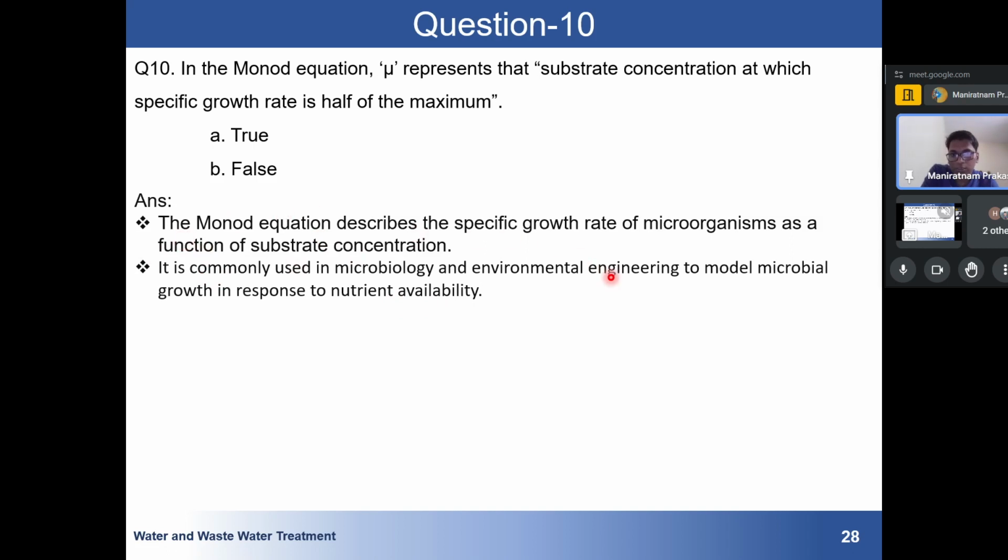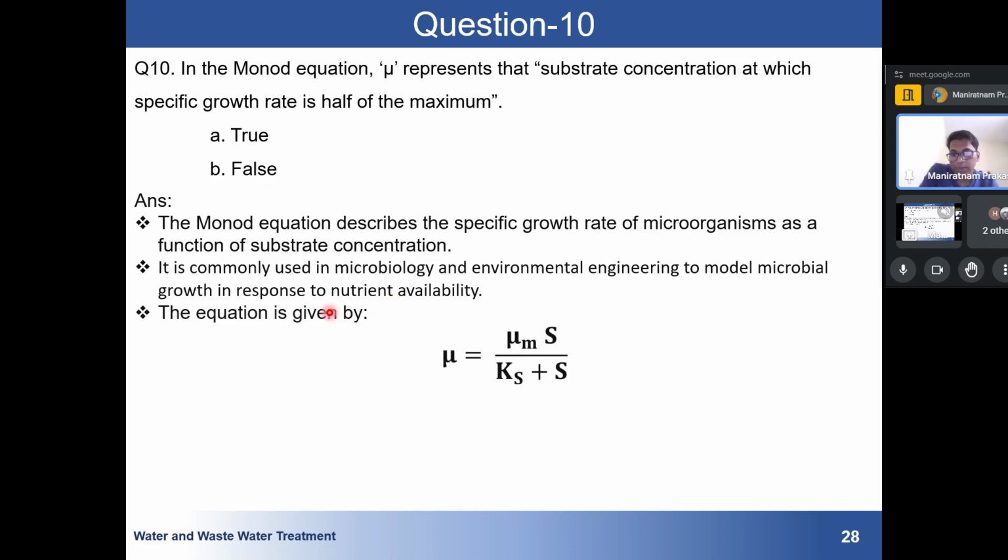The Monod equation describes the specific growth rate of microorganisms as a function of substrate concentration. It is commonly used in microbiology and environmental engineering to model microbial growth in response to nutrient availability. The organic matter is providing nutrition to the microorganism for its growth.